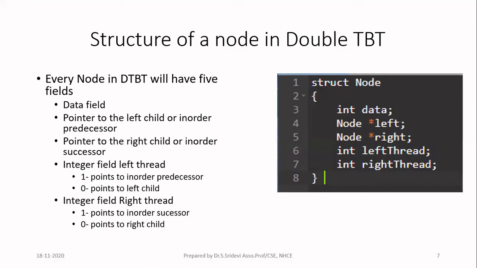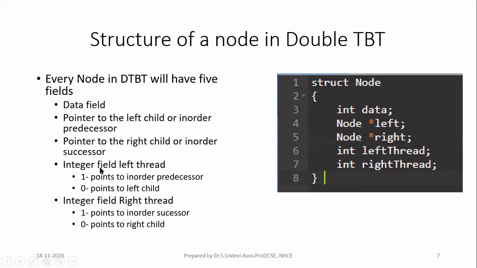You should identify whether it is pointing to a normal child or to a thread, that is the predecessor or successor information. For that, you need one field. So for every pointer, you need one extra field because it is a double threaded binary tree. So we now have two extra fields.